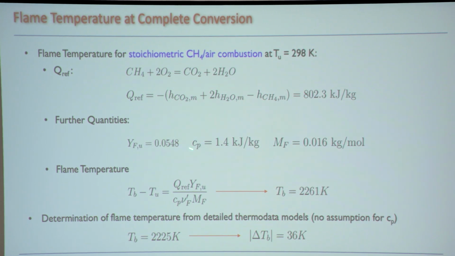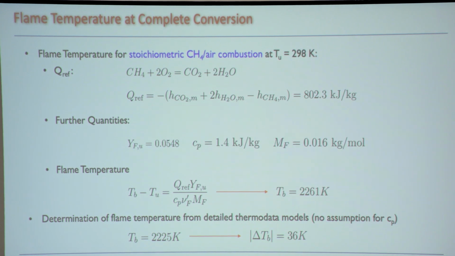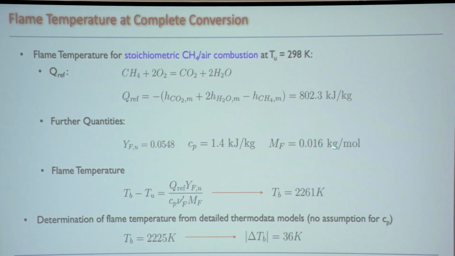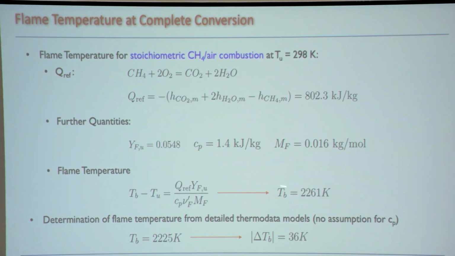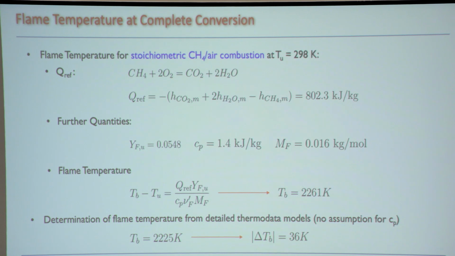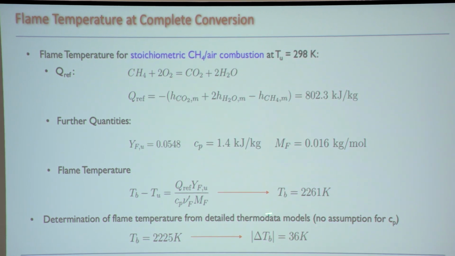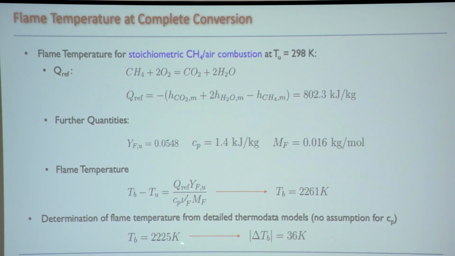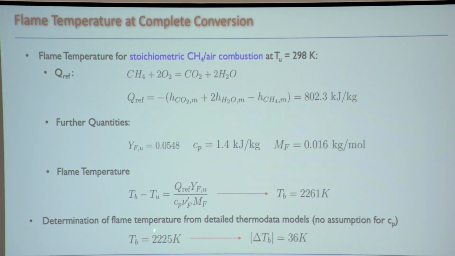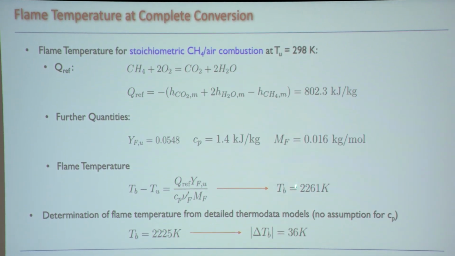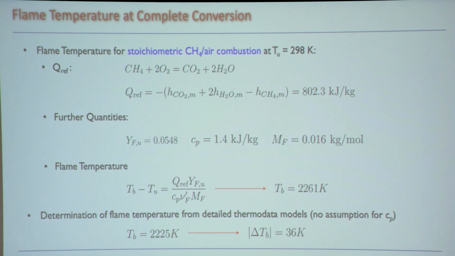This is for the stoichiometric condition. The fuel mass fraction I mentioned earlier is about 0.055. Cp is 1.4, here is the molecular mass of methane, and then I can plug all this in and I get 2,261 Kelvin. If you get this from more detailed thermochemical data, it is something like 2,225, so you see the error here is relatively small.